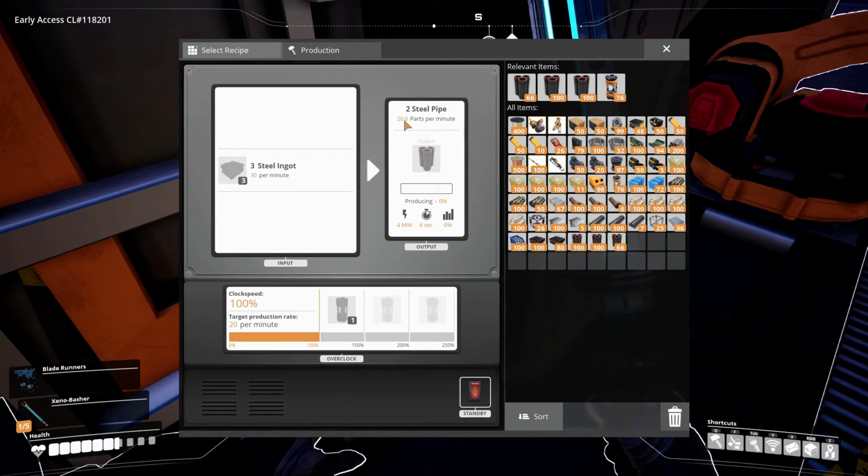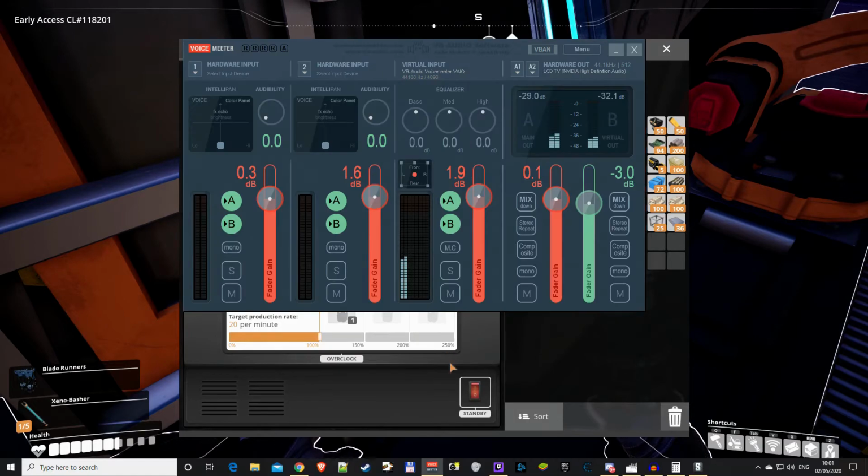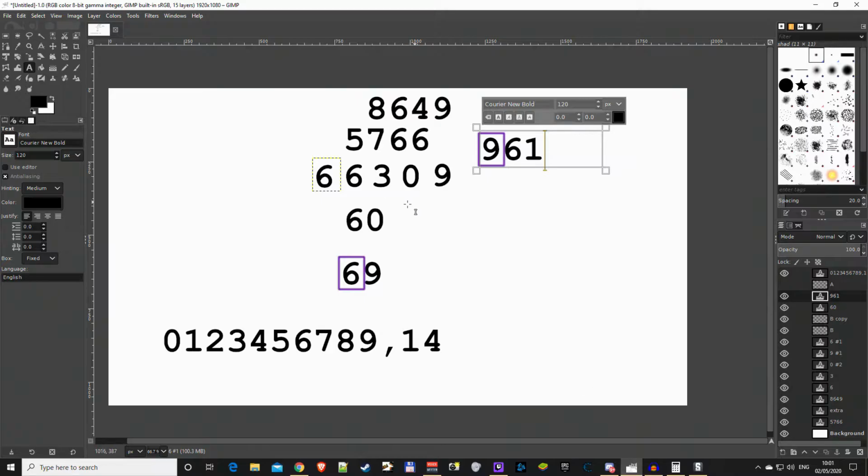So there's where the math comes in. We have 14 buildings, so you need to times 14 times 3, and it's a pretty simple calculation actually.